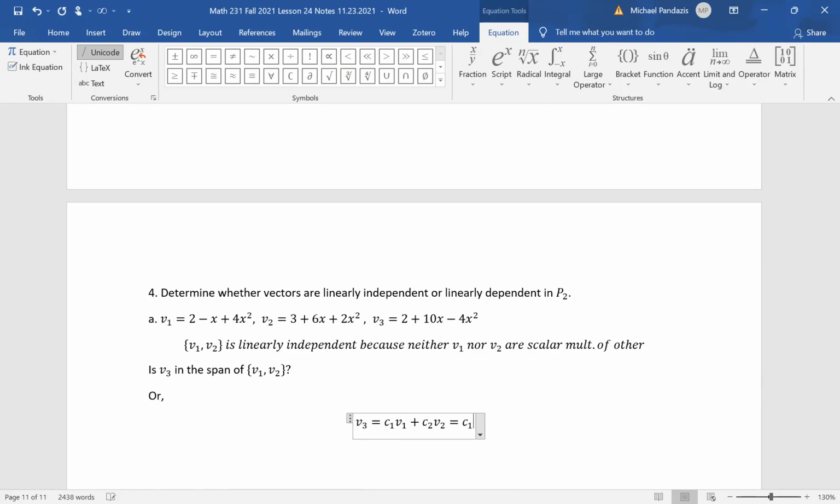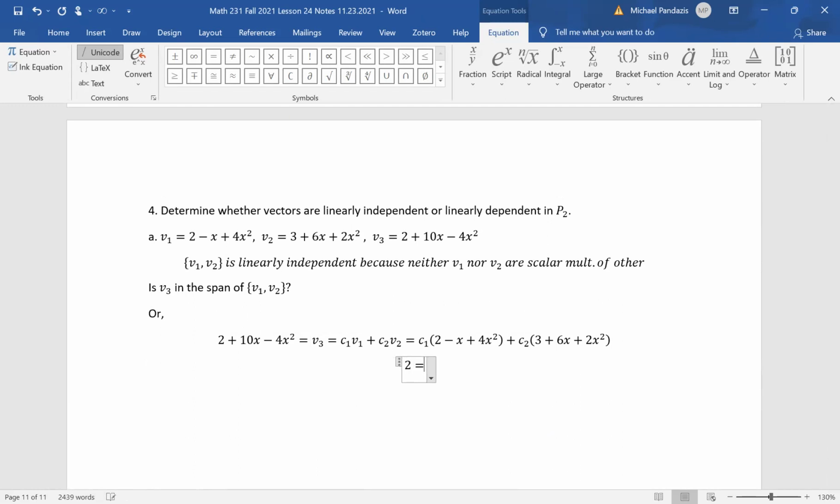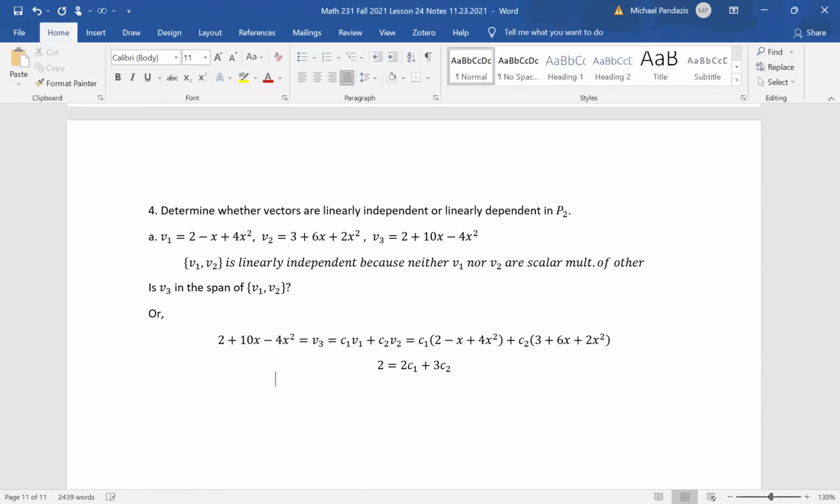So C1 is your first constant. V1 is just 2 minus x plus 4x squared, and then plus C2 times the polynomial 3 plus 6x plus 2x squared. And V3 is the vector 2 plus 10x minus 4x squared. Okay, and so that means that the constant is 2 equals 2c1 plus 3c2.